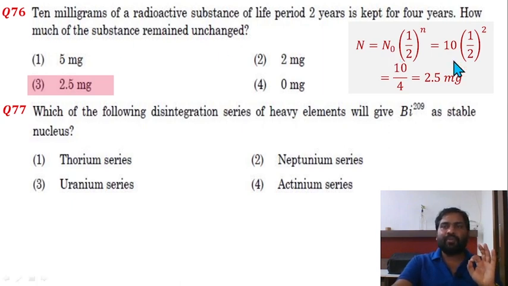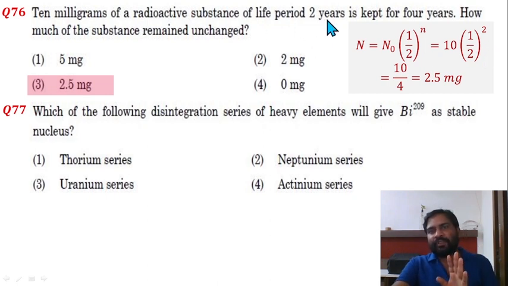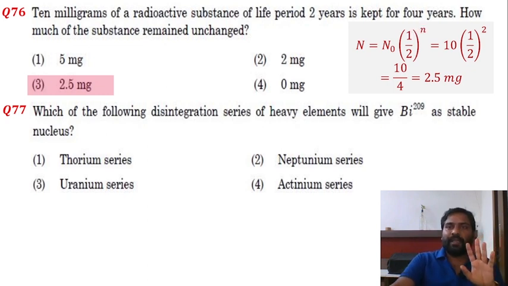The initial amount is 10 milligrams and the half-life is 2 years. In 4 years it will complete 2 half-lives, so n is equal to 2, that is 4 divided by 2. Solving it gives 2.5 milligrams. This is the remaining or unchanged amount.